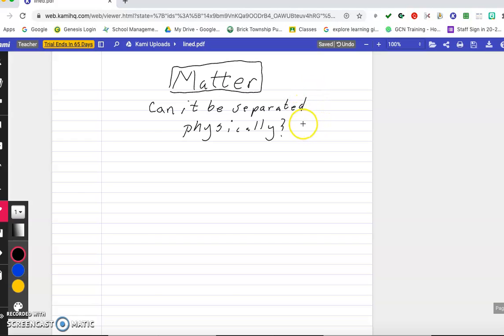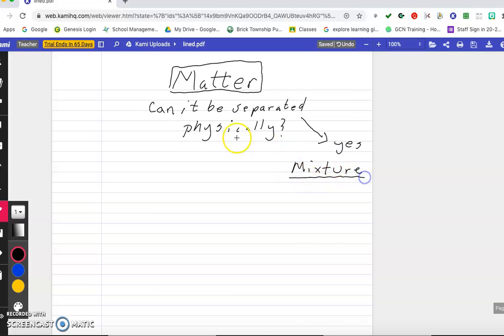So, what we have here is if they can be separated, yes, then you know what? They are called a mixture.